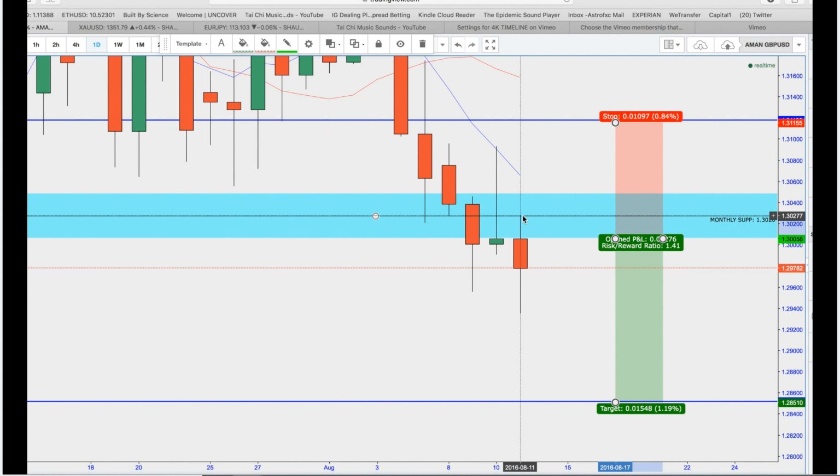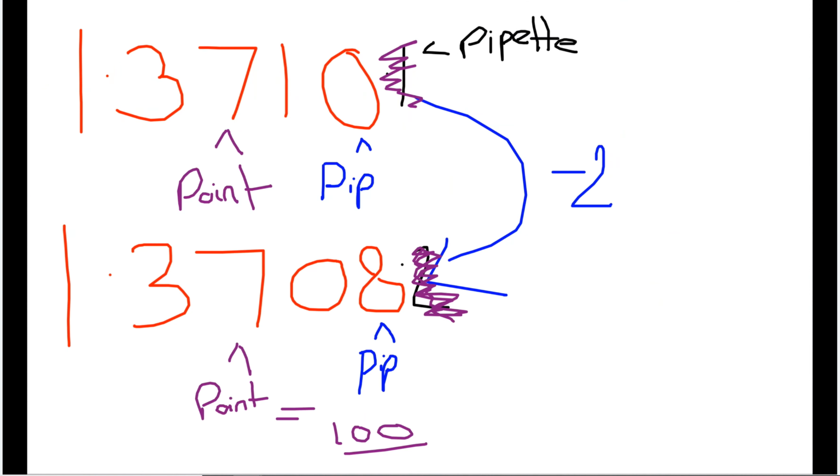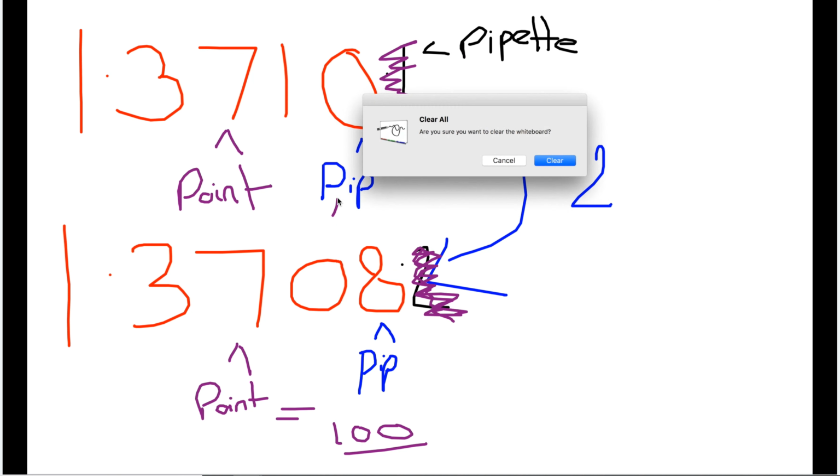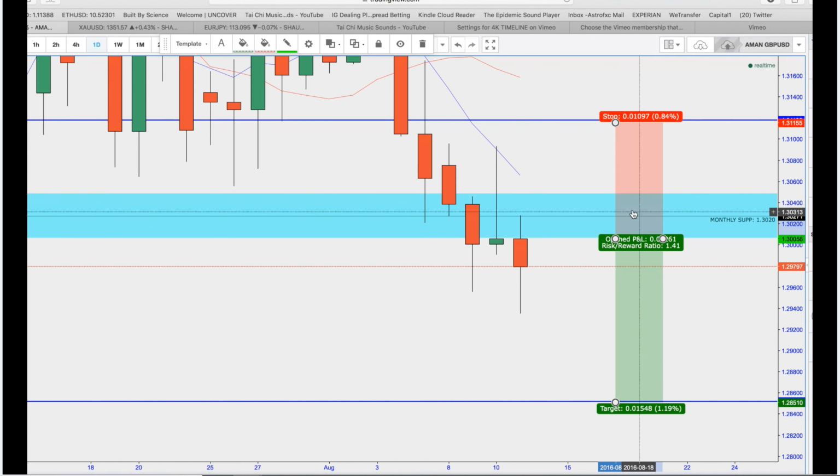So the high of the day is 1.3027. The low of the day is 1.2935. Let's simplify this. 1.3027.